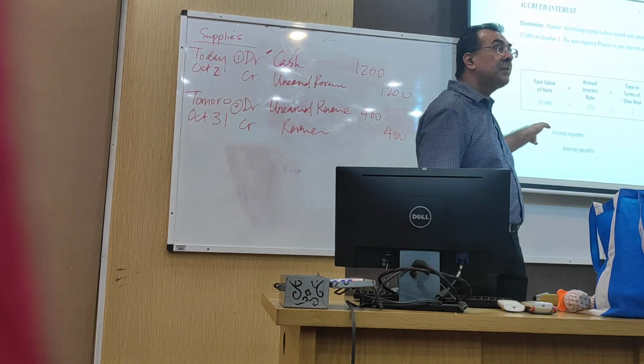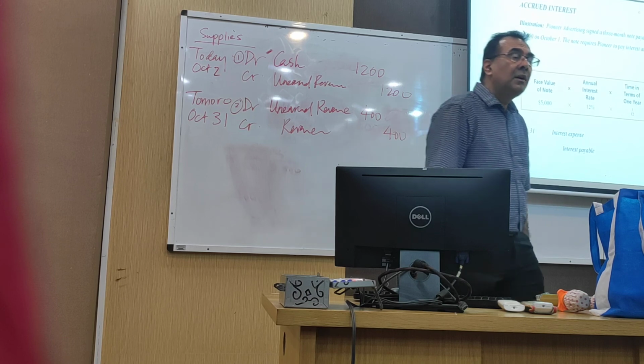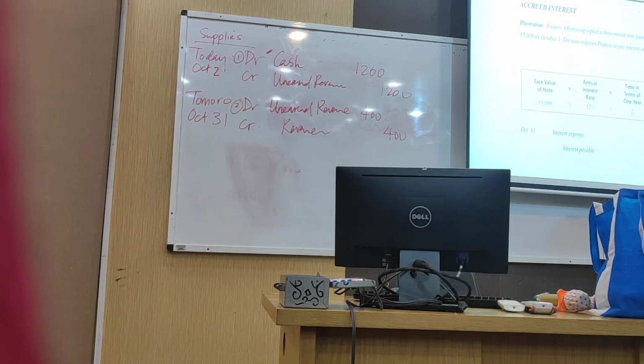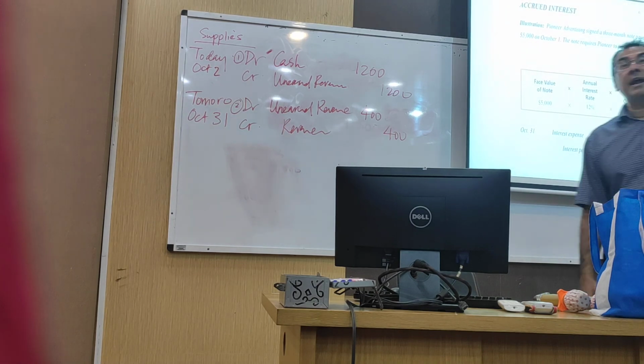Explain again. Which one? This one? Alright, so when we call something an accrued expense, it simply means I'm going to record the expense today, but most probably I'm going to pay the expense tomorrow. And because I haven't paid it yet, I create what is called a payable account. Interest payable, salary payable, rent payable.